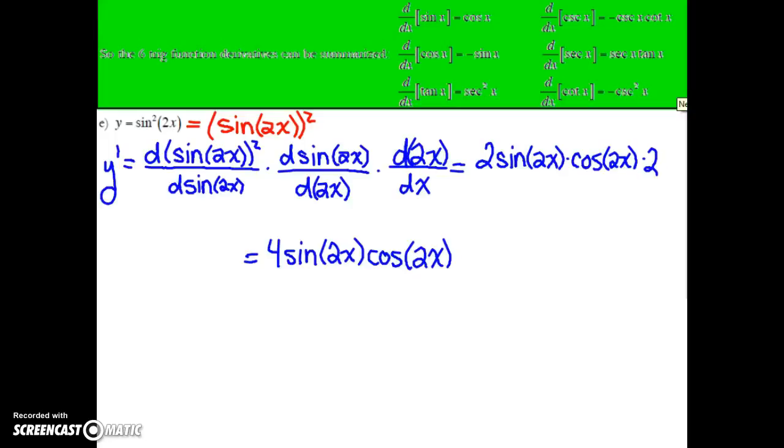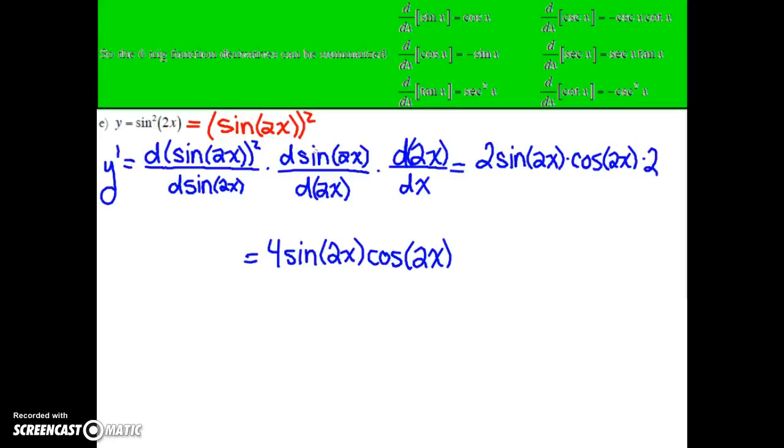Okay, same thing here. This is the inside function, sine 2x. So you treat that as if it's like an x. Take the derivative around it. Okay, giving you 2 sine 2x, and then derivative of sine of the sine 2x, and the inside function is 2x. Leave that 2x alone, giving you cosine of 2x.